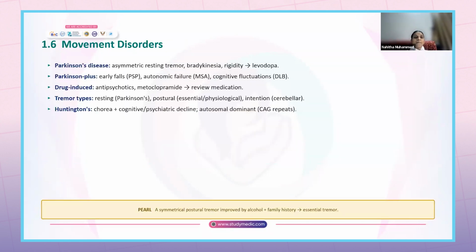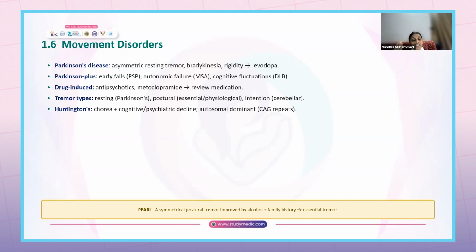Movement disorders include Parkinson's disease, Parkinson's plus disease, drug-induced tremor, Huntington's chorea. Parkinson's disease means asymmetrical resting tremor, bradykinesia, and rigidity. The treatment is levodopa. Parkinson's plus is supranuclear palsy, multisystem atrophy and Lewy body dementia.